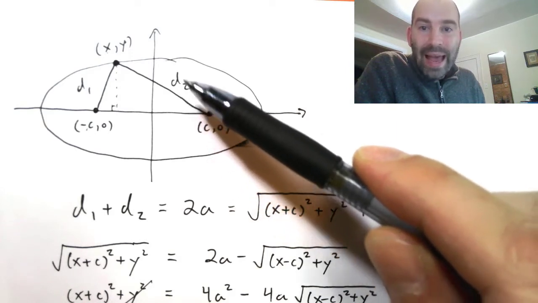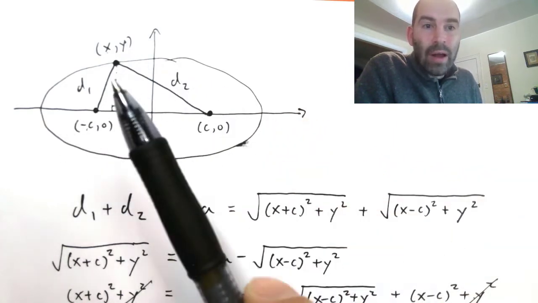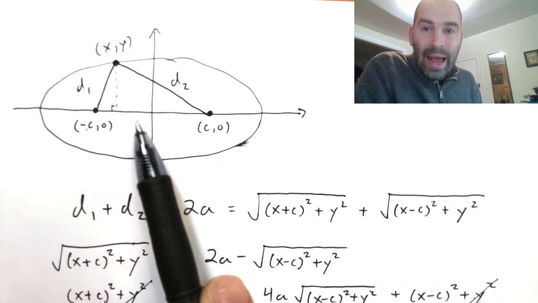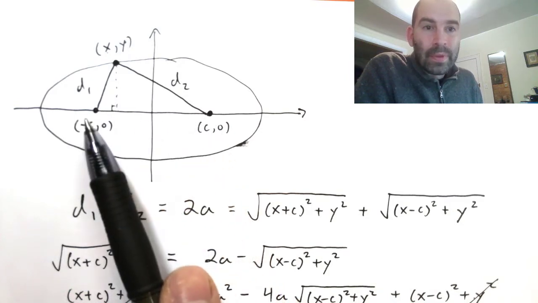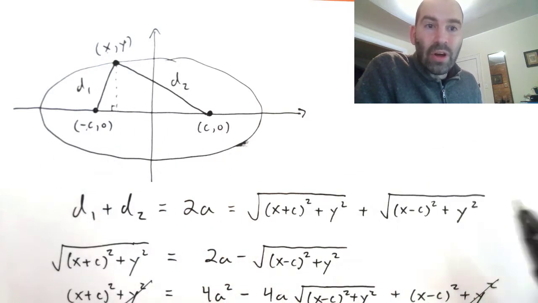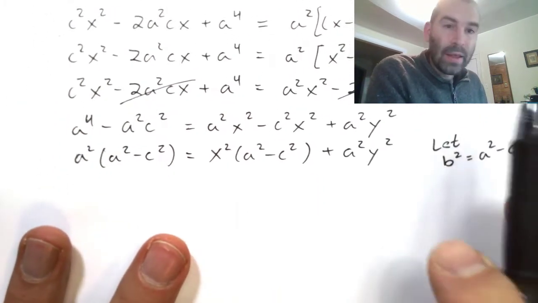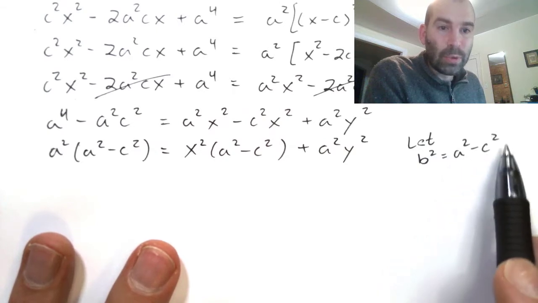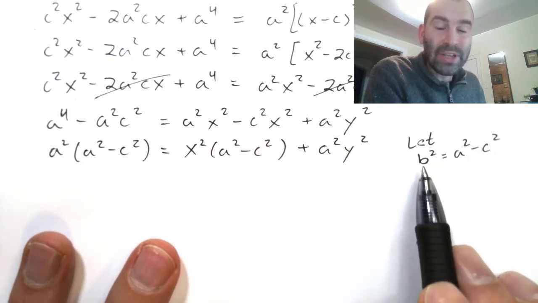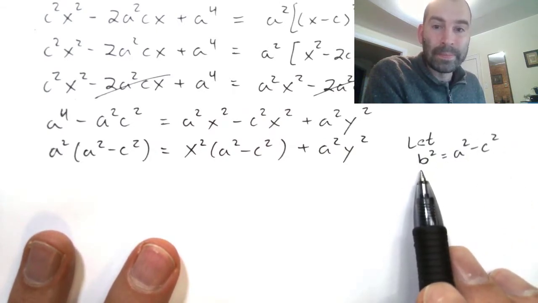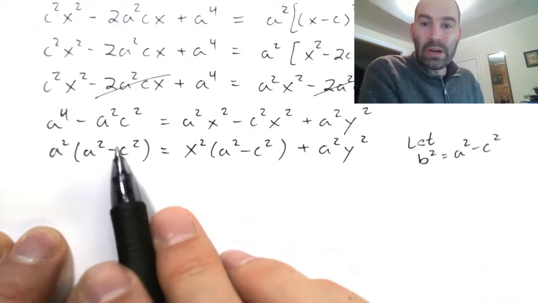So if c is half of this, a is automatically greater than c. So we know that a squared is always greater than c squared. So this is actually okay. a squared minus c squared will be a positive number, so we can represent it as the square of b. All right, so we're going to make that substitution.